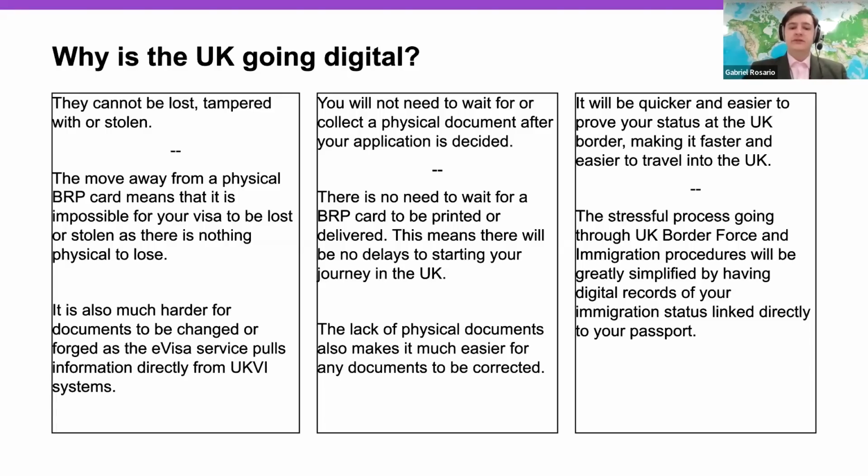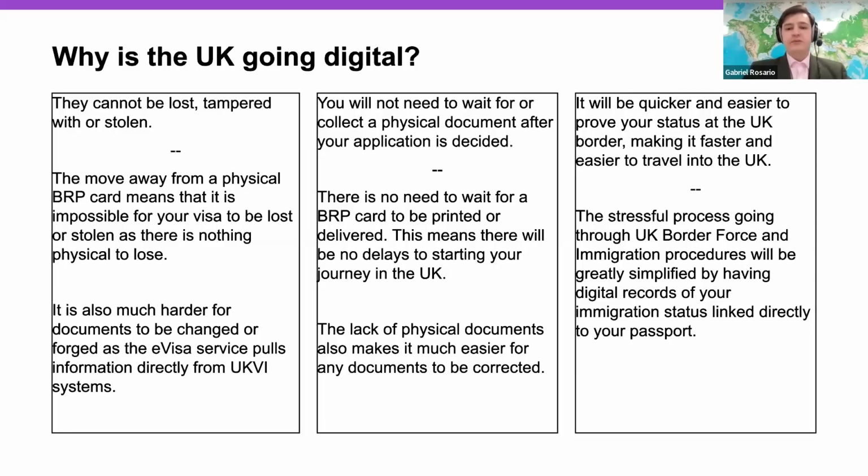With this new digital visa system, once you have reported the error, it is a relatively quick turnaround, usually within 5 working days, for the error to be digitally corrected, and all you need to do is generate a new share code to share the corrected information with anyone who needs to access your visa documents.